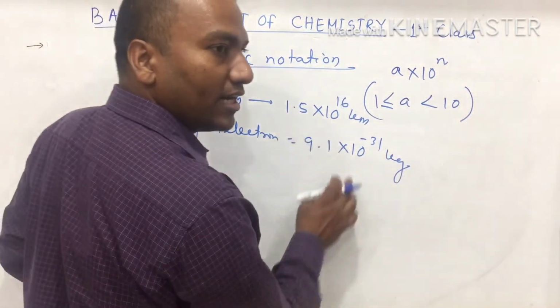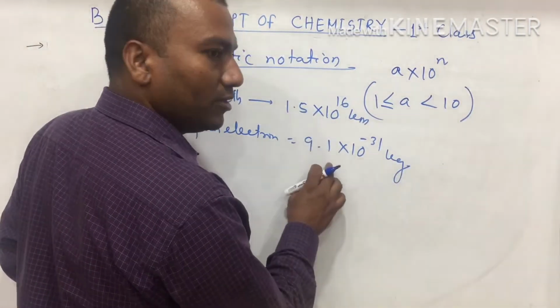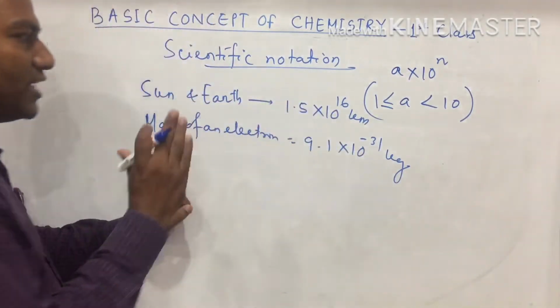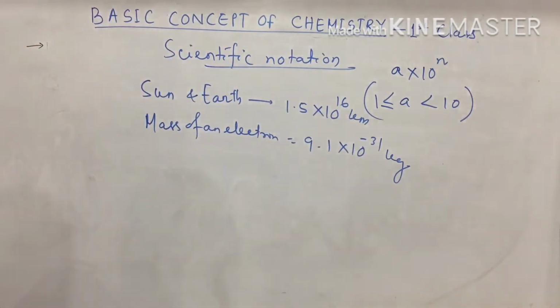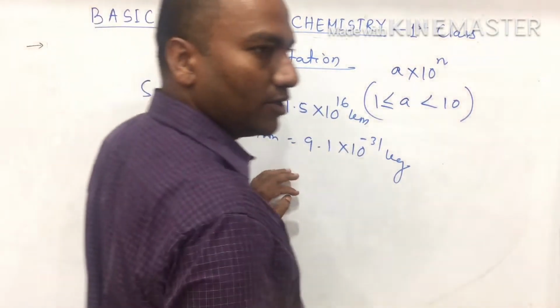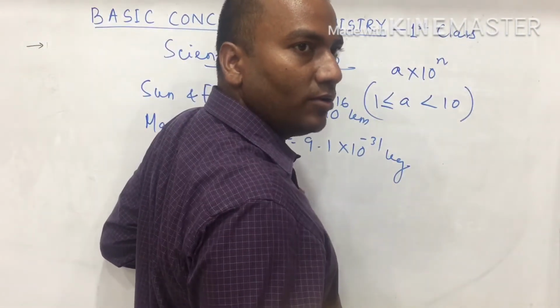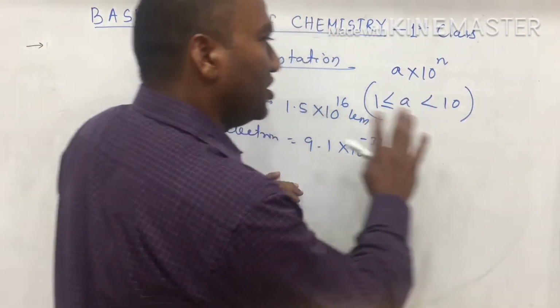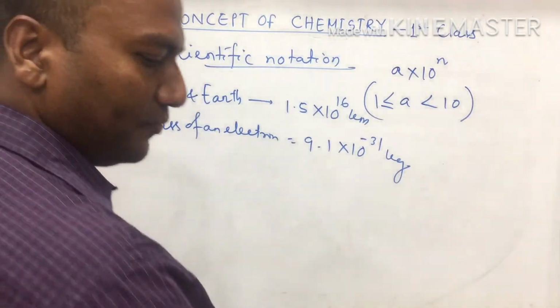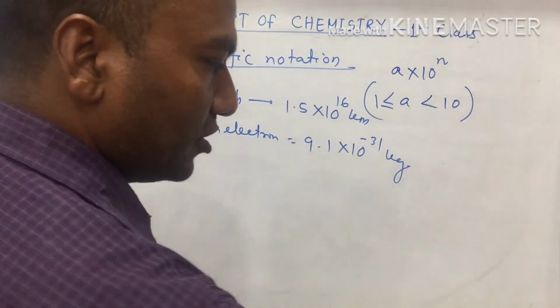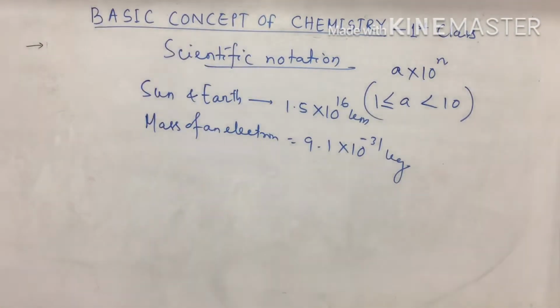Here we cannot write 91, we write 9.1. So this is called scientific notation. When we represent any number, we always try to represent it in this format, which is known as scientific notation. Okay, clear?